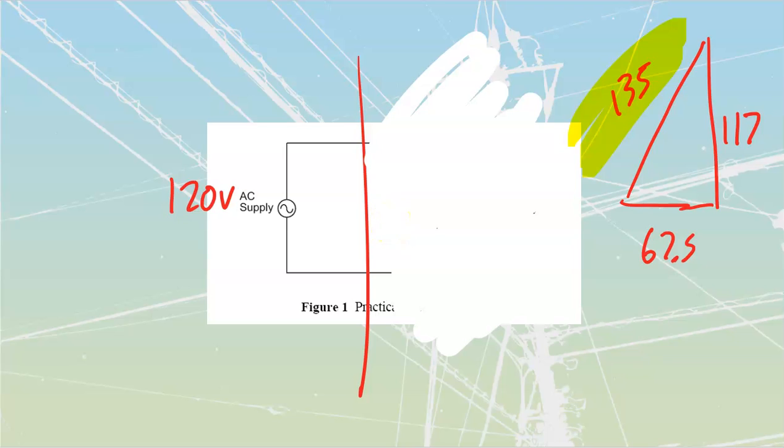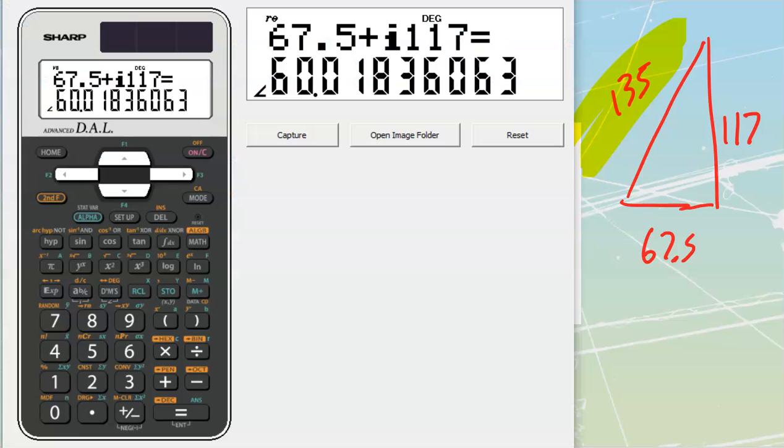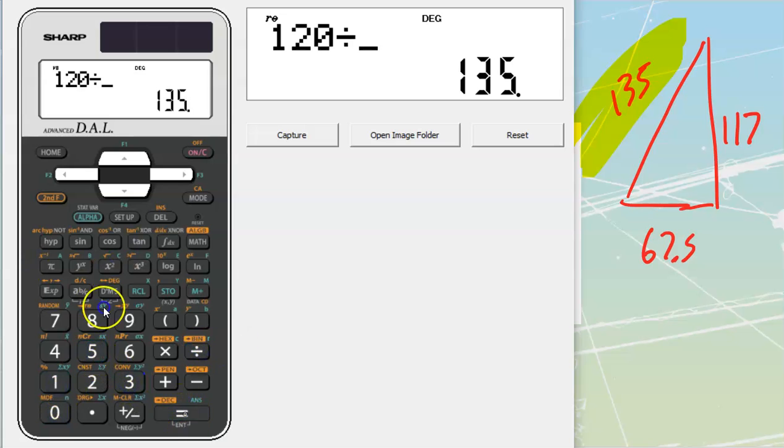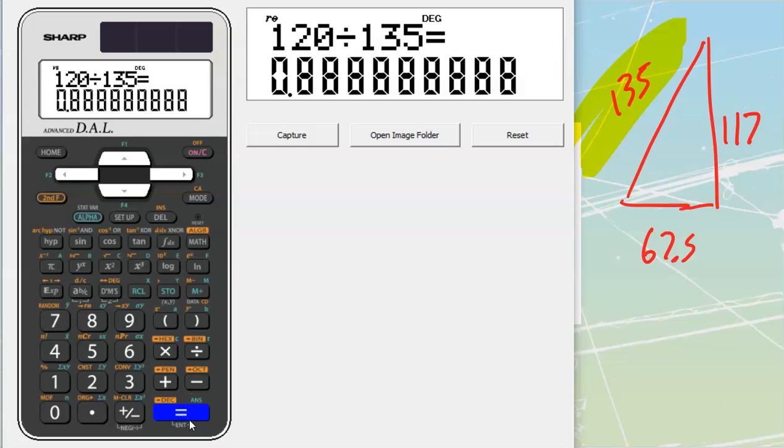Let's just be a source over here, and we're going to say I is equal to E, 120 volts, divided by my Z, 135 ohms. And that's going to tell me the total amount of current that this thing is going to dump through that circuit. Clear that. 120 divided by 135, which gets me to a value of 0.88888888.